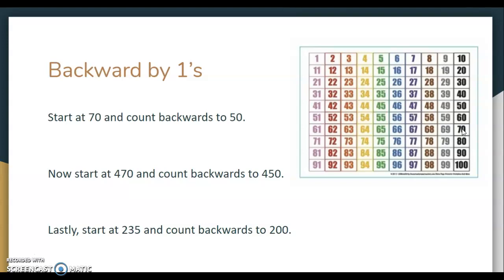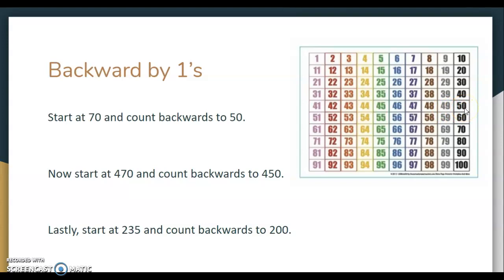Count with me as I point to the number. 70, 69, 68, 67, 66, 65, 64, 63, 62, 61, 60, 59, 58, 57, 56, 55, 54, 53, 52, 51, 50. Awesome, boys and girls.